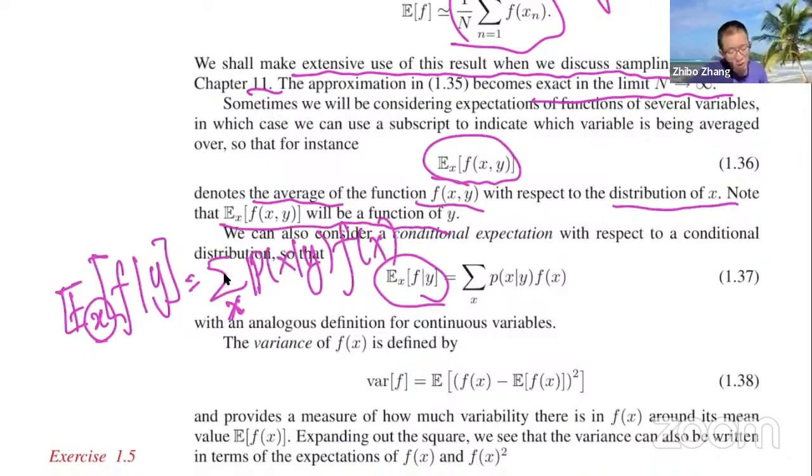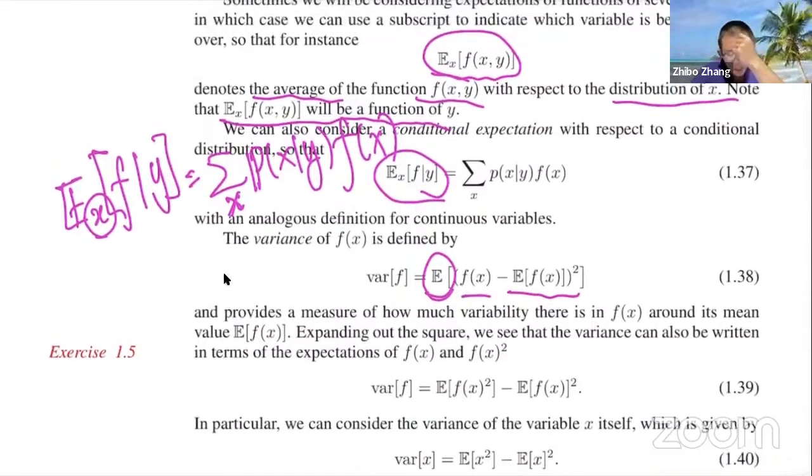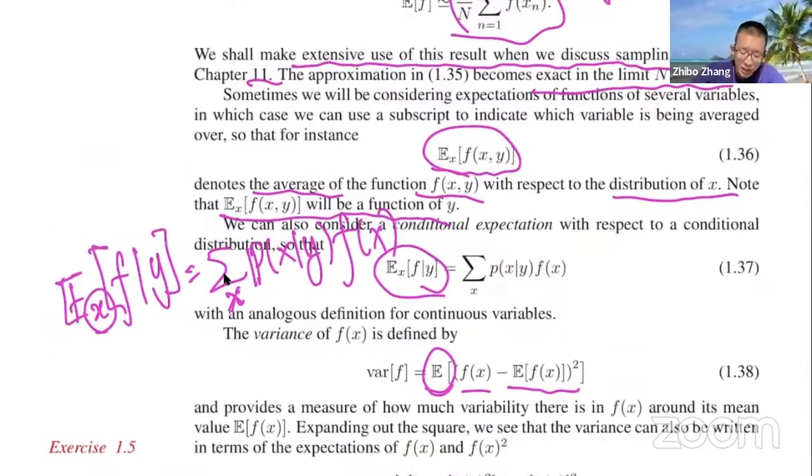With an analogous definition for continuous variables, the variance of f(x) is defined by this. It is the expectation of the square of f(x) minus the expectation of f(x), so the square of the difference between f(x) and the expectation of f(x). We can further expand this term.